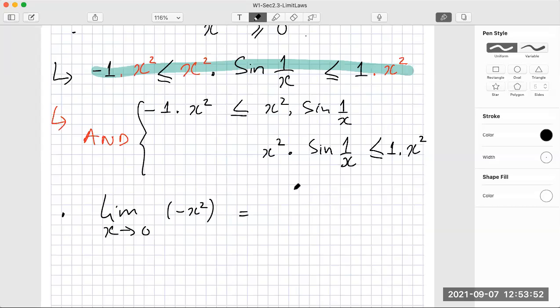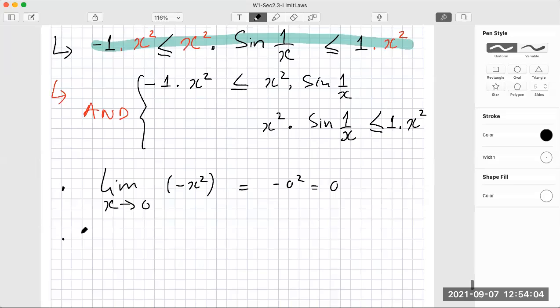We can substitute the value here, right? It will be -0 squared, or 0. Very good. Thank you, Jane, everyone. How about the right term of the sandwich? The limit when x approaches 0 of x squared? Also 0. So the left and the right, we take the limit. They're both 0.